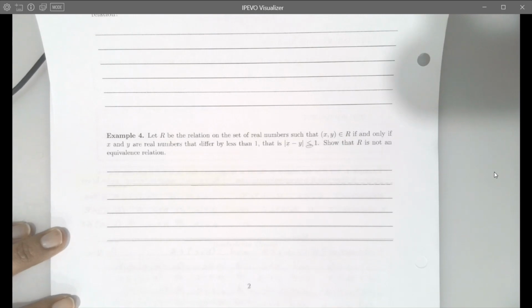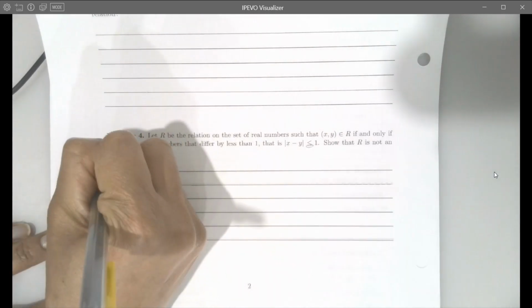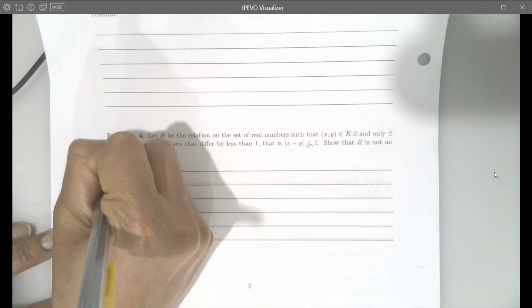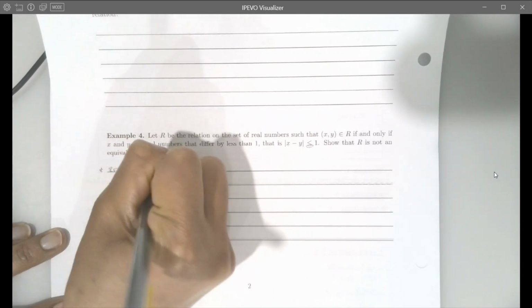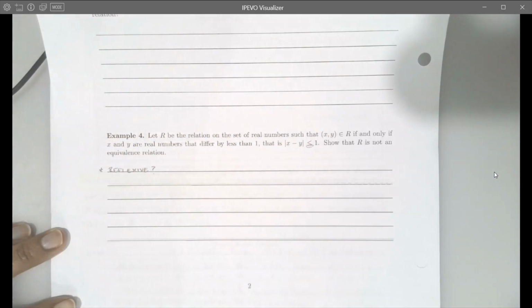So if it's not an equivalence relation, that means that there is one of those three properties that it fails, so either reflexive, symmetric, or transitive. So we're going to figure out which one of those three it is. Is it reflexive? Well, let's see.